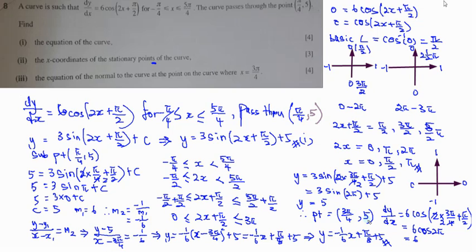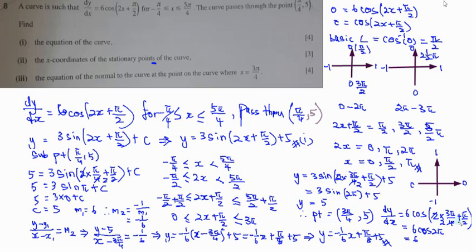Now, you also want to find the gradient of the tangent first before you can find the gradient of the normal. So to find the gradient of the tangent, you use the tangent function, which is dy dx. And then you substitute the point 3 pi over 4 inside.